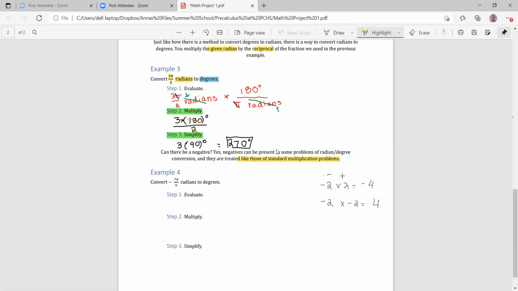Now that we got that covered, let's move on to example 4. So let's highlight what we know. Let's highlight the given. We have -7 pi over 6 radians, and our target unit is degrees. We want to turn -7 pi over 6 radians to degrees.